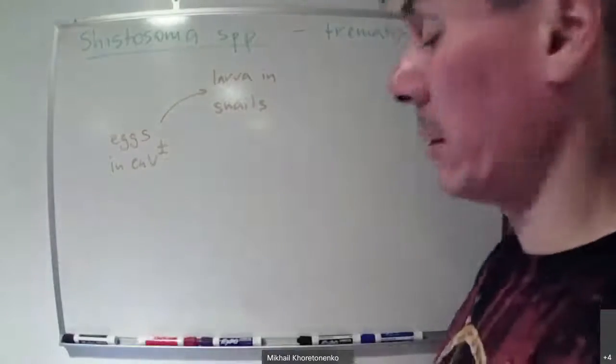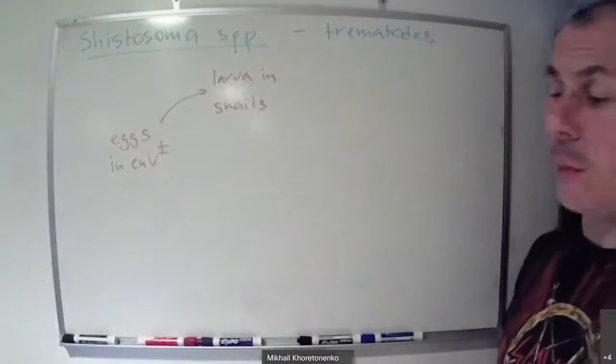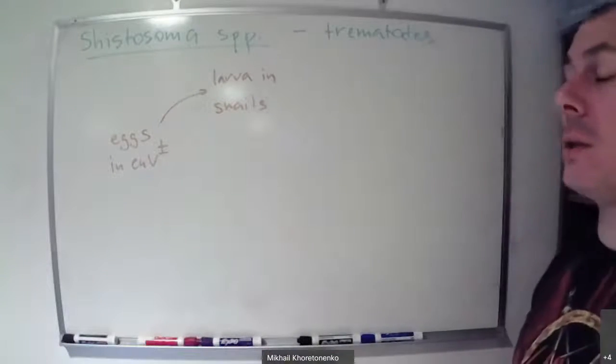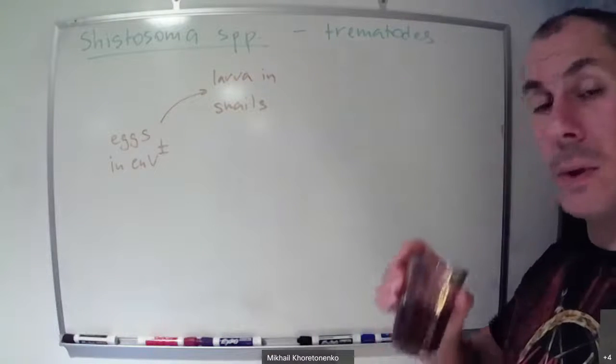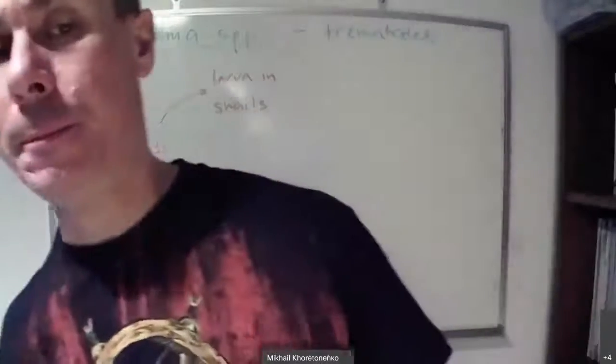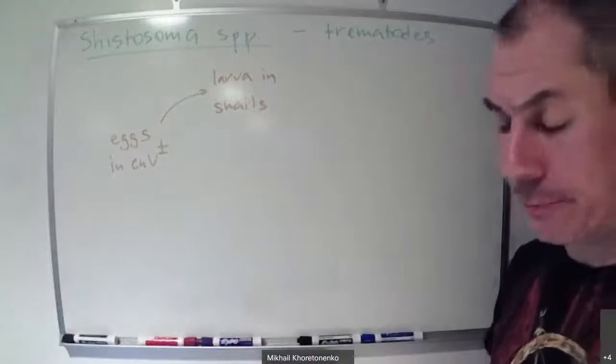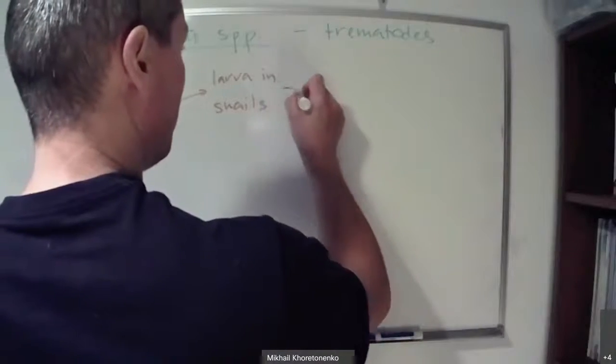Now, Schistosoma larva actually undergoes several transformations. All these stages have different names. In the end, this larva, the proper term for it is a cercaria, but I don't require you to know that. Then this larva ends up floating freely in the water.